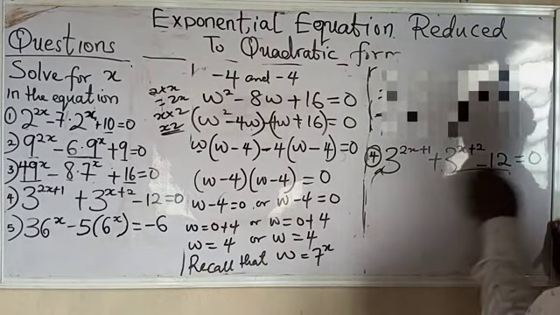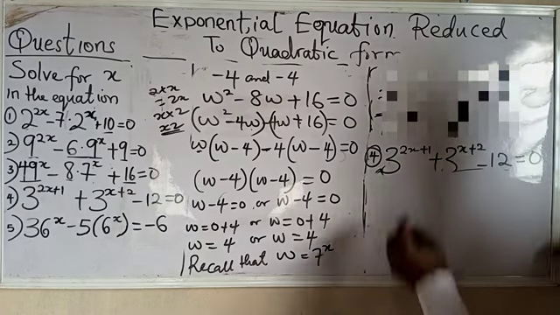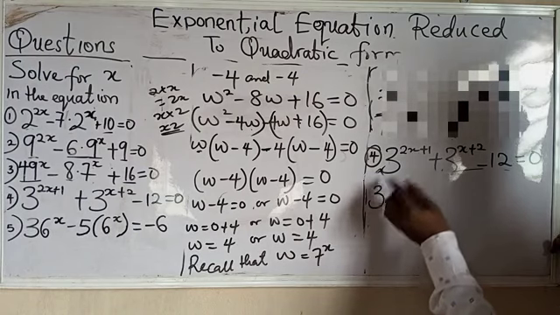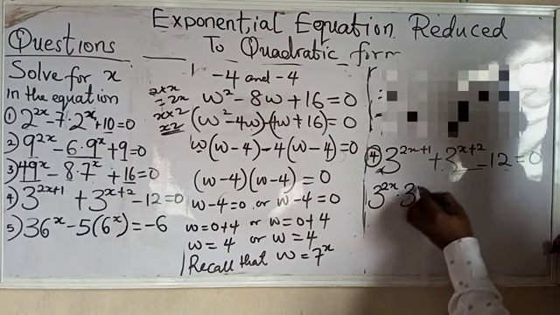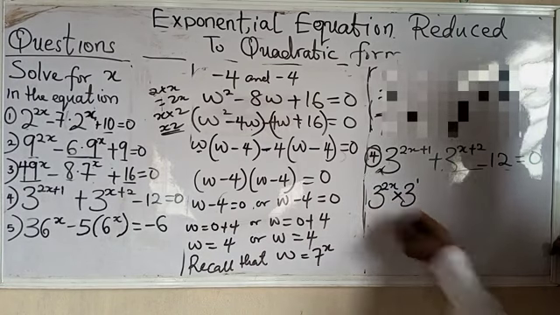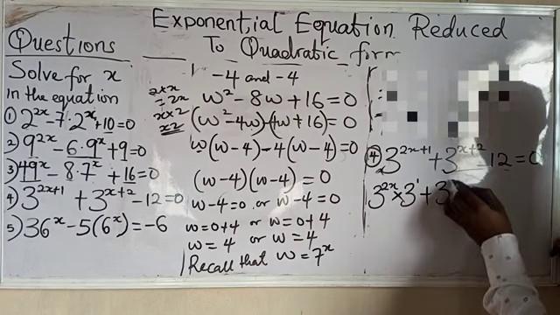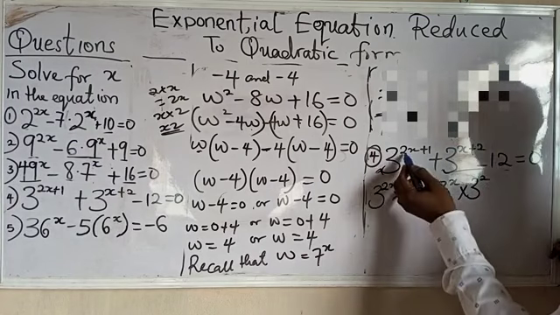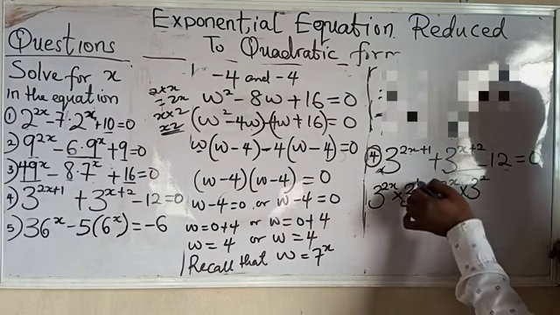So we are going to write 3 raised to power 2x times 3 raised to power 1, plus the same thing goes here too, 3 raised to power x times 3 raised to power 2. x raised to power a plus b is the same as saying x raised to power a times x raised to power b.